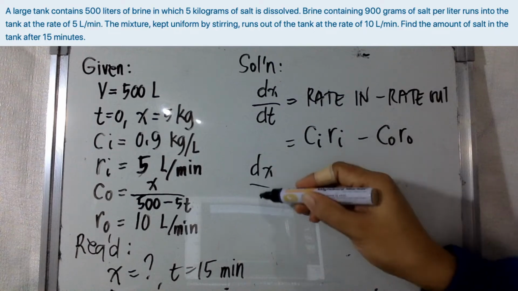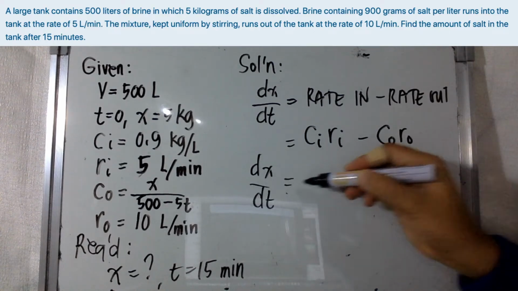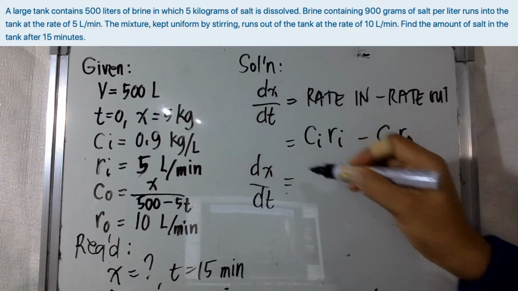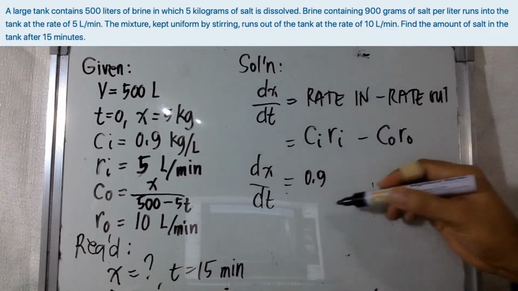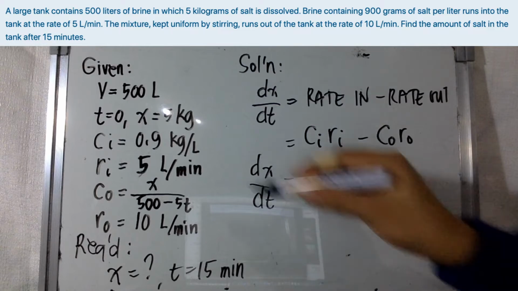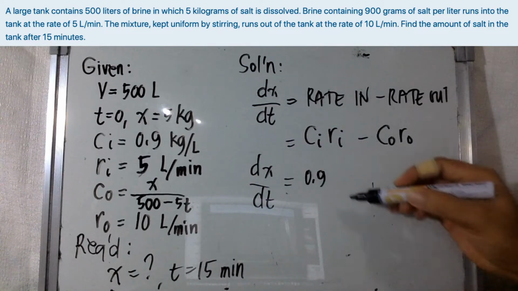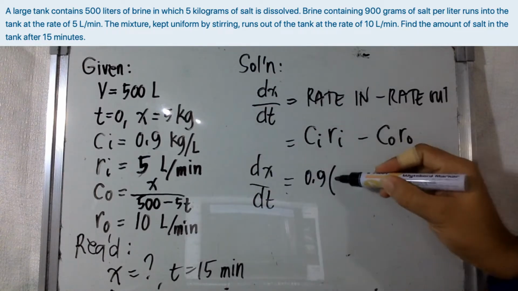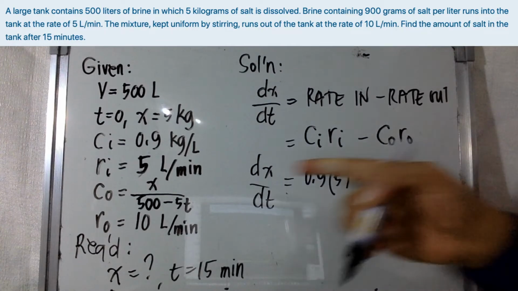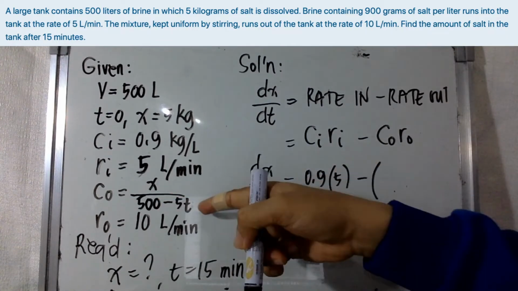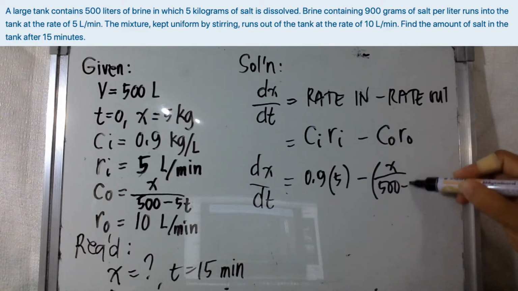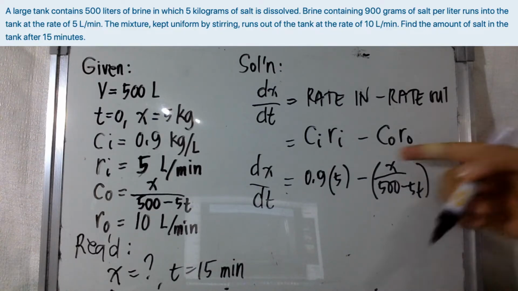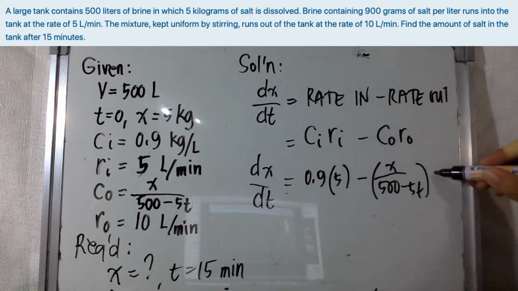So dx over dt is equal to 0.9. We don't need to write the units because we have already made sure that the units are consistent. So 0.9 times 5 minus the concentration out, this expression here, x over 500 minus 5t, times the flow rate out, which is 10.